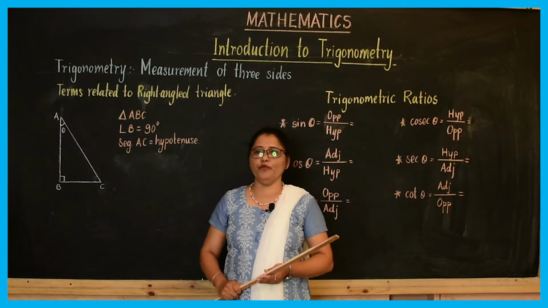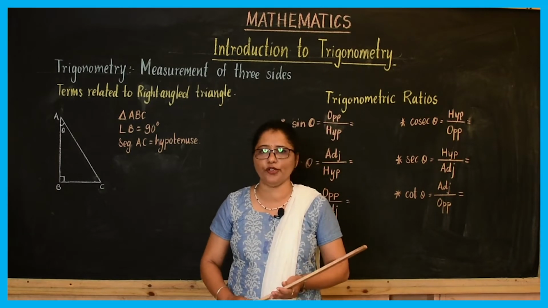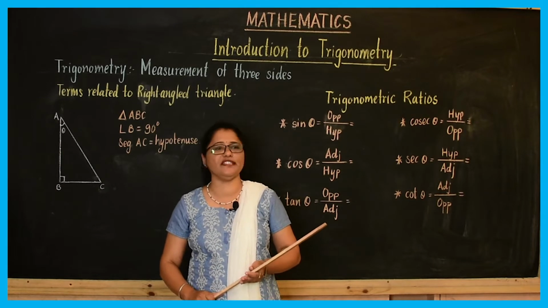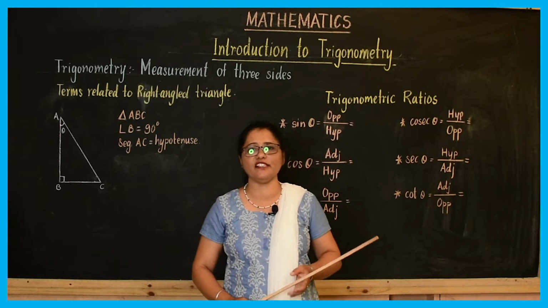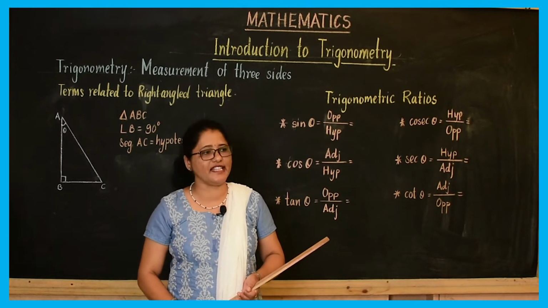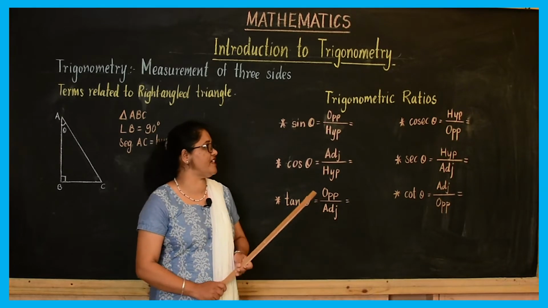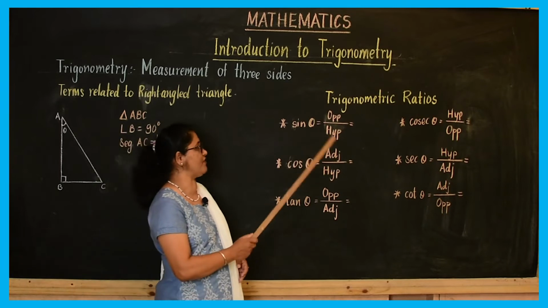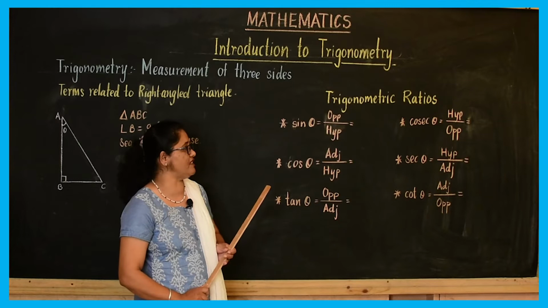Now we will move on to the trigonometric ratios. As I told you, trigonometry is about the 3-sided measurements and it tells the relation between the sides and angles of the right angled triangle. Basically we have 6 trigonometric ratios. Here is the first trigonometric ratio, which tells the relation between the sides of the triangle.